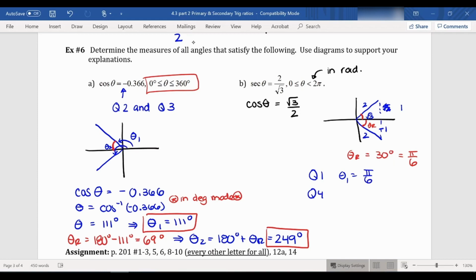And in Q4, our theta is going to be 2 pi minus pi over 6, which is 11 pi over 6. Okay, and that is it for this section. Again, remember, you can always scroll back and look at any of the examples again if you need to.